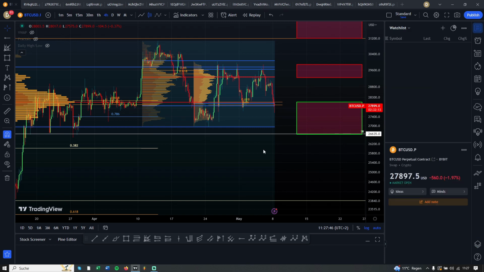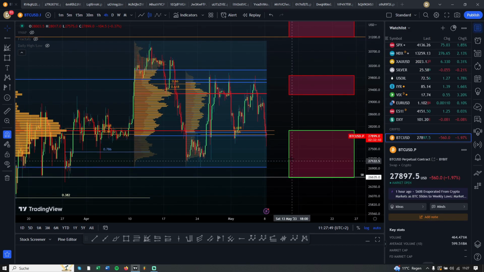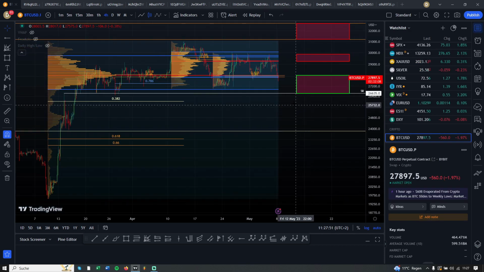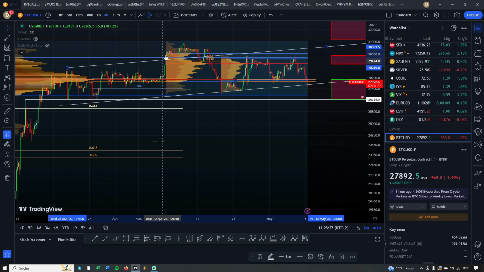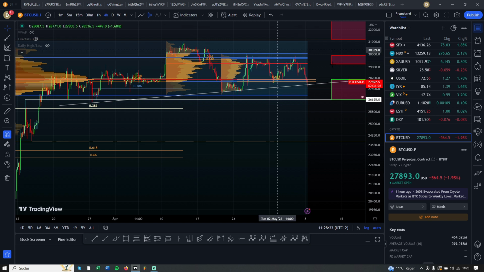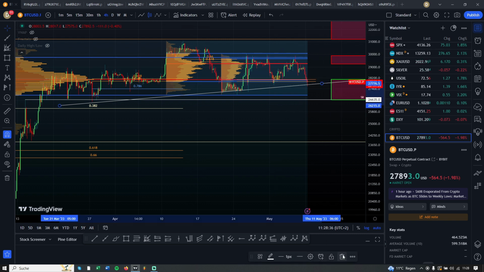So what is my end resume for this charting session? This here's an uptrending range, and this here was the first deviation to the upside. Now price is back into the range again.